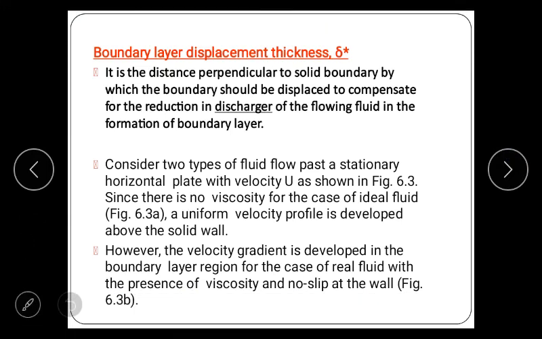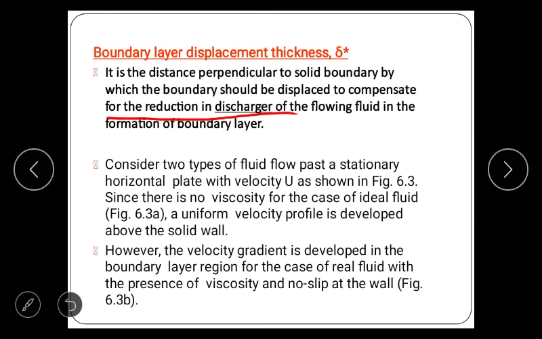Okay, boundary layer displacement thickness. It is the distance perpendicular to the boundary by which the boundary should be displaced outward to compensate for the reduction in discharge. I have already underlined it: the reduction in discharge is important.